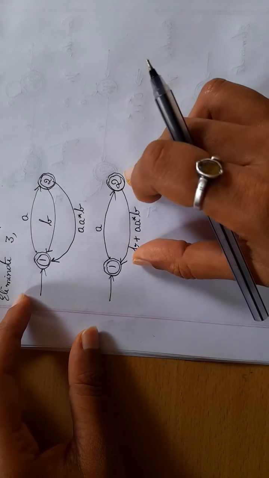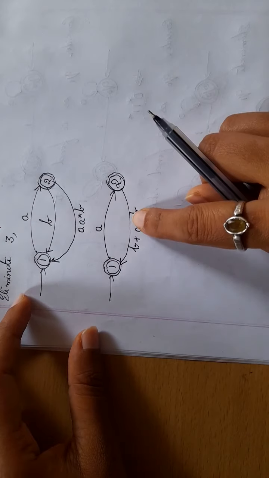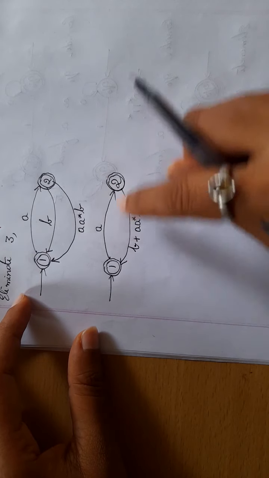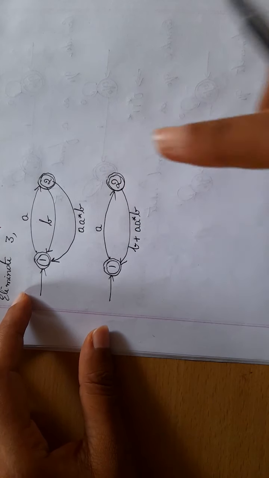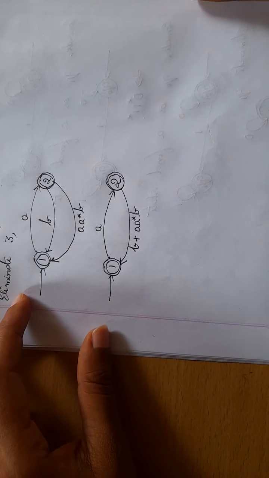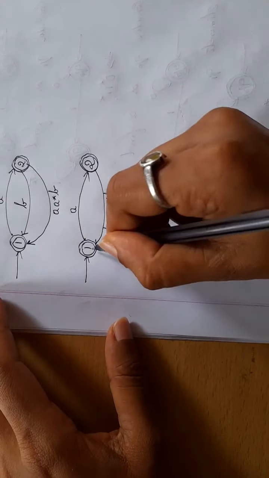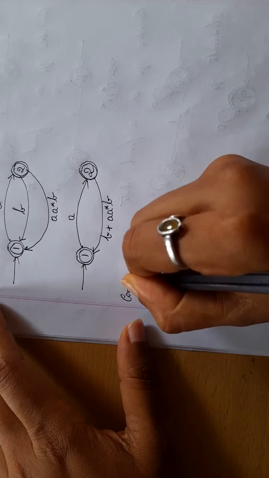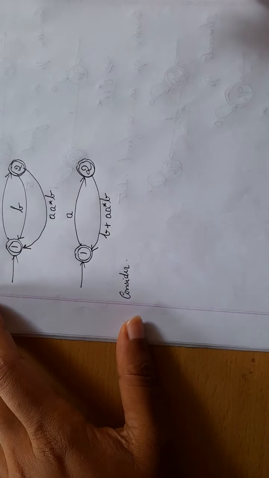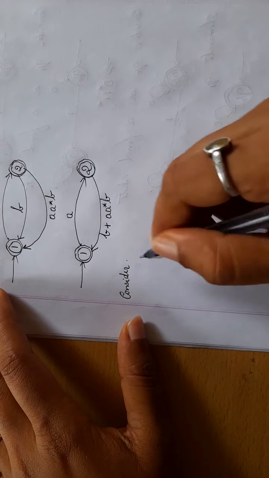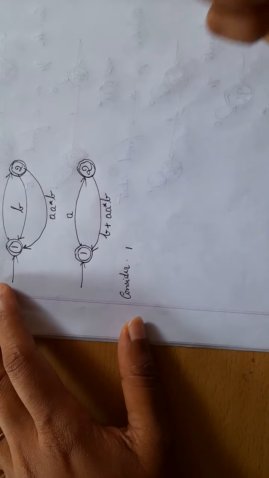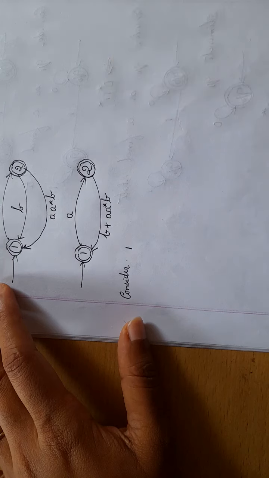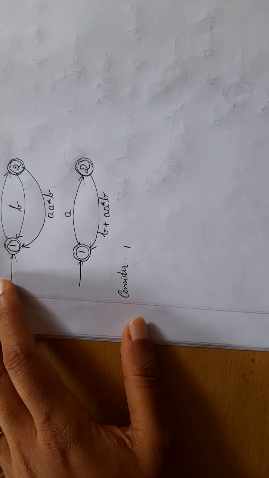Now I have an FSM with no intermediate nodes, but I have two final states, so I will consider one state as a final state at a time. First I'll consider 1 as a final state, or you can even consider 2 as a final state. It is left to you.